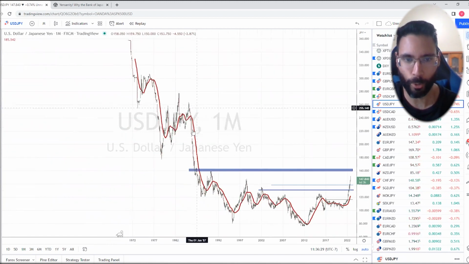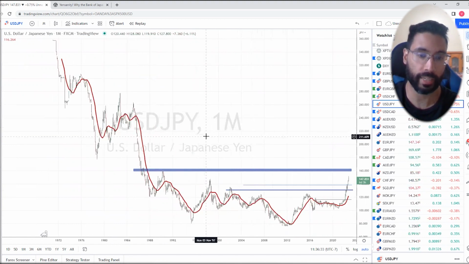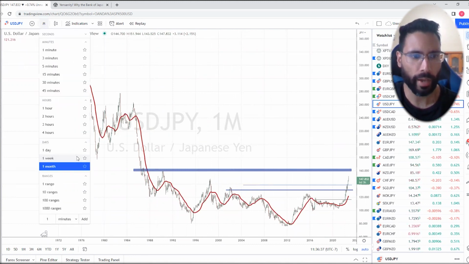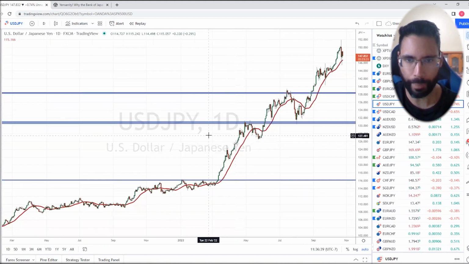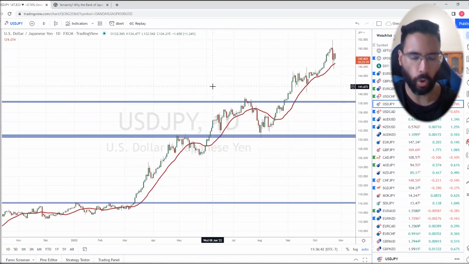But there's still a lot more room that the US dollar versus the yen can rise, which is, again, pointing to a weaker yen. Why is this happening? Well, basically, most Western central banks, of course, we're not really going to talk about Turkey, and we're not really going to talk about China. They're, I guess, in their own case right now.